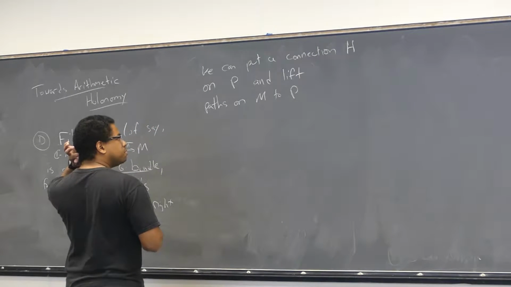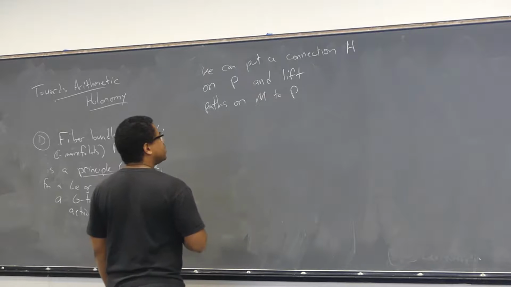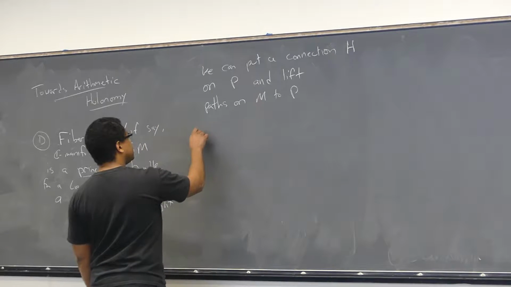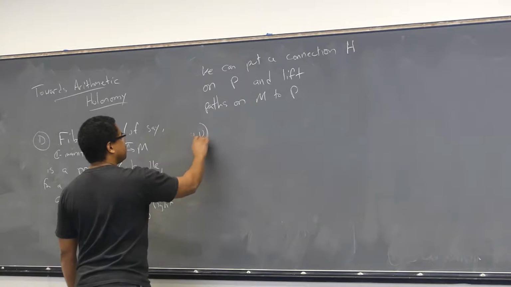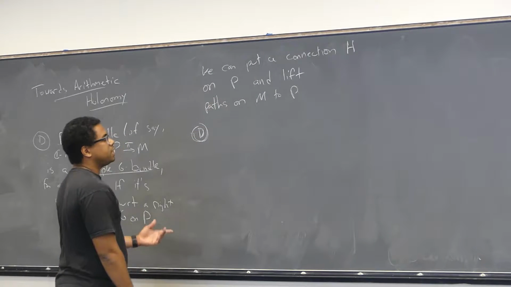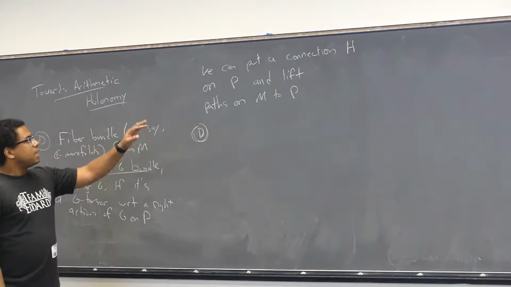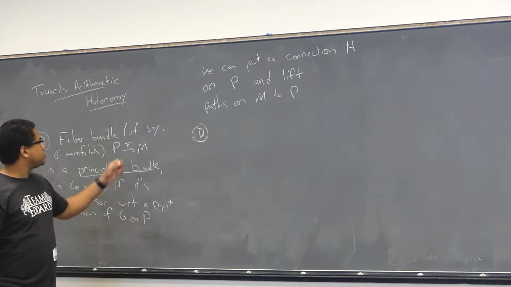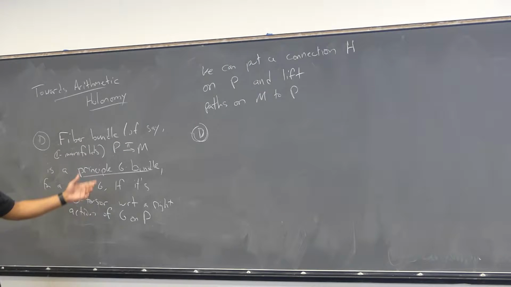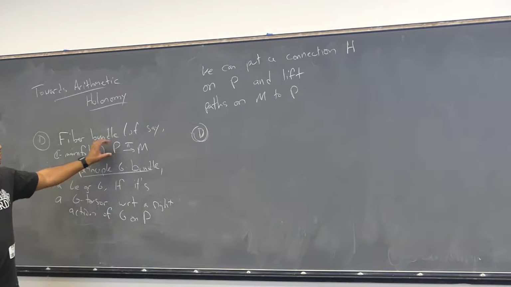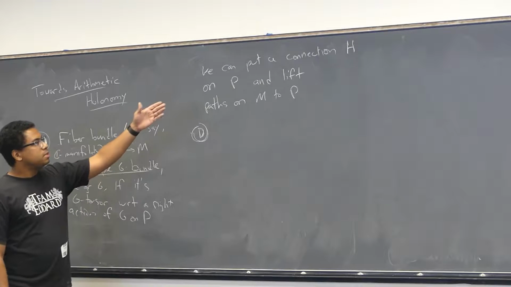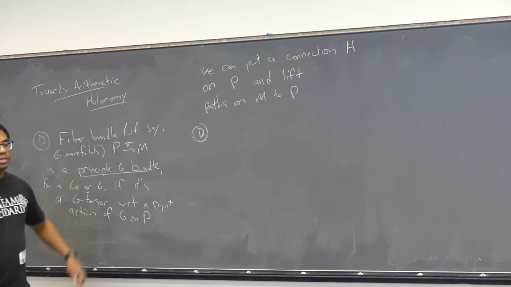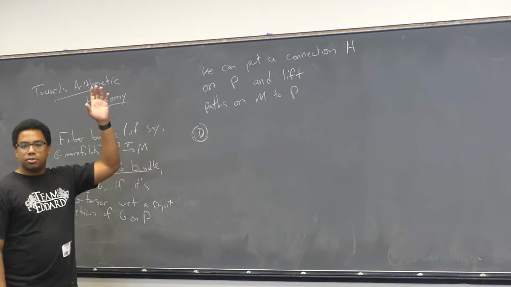So we can put a connection on P, lift paths on M to P, and I should say that this H is defined over points Q in P such that we can write the tangent space at a point Q, T_Q P, as some direct sum of the fiber, which is the kernel of the differential of pi, and some H_Q horizontal.